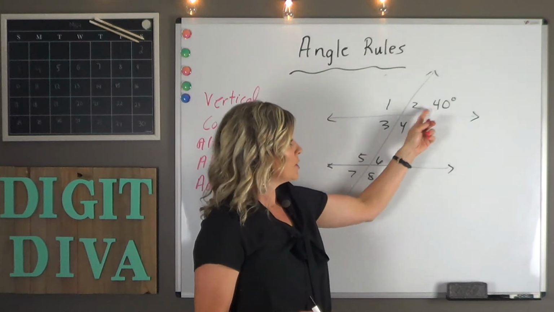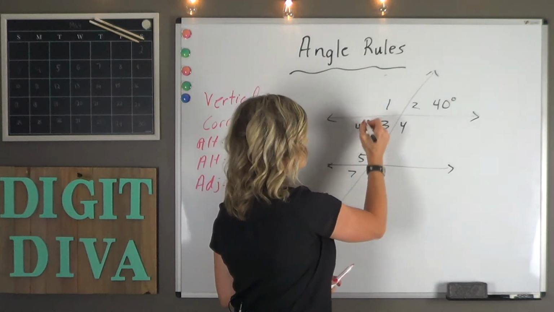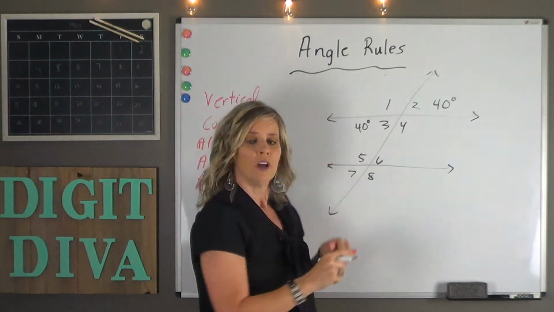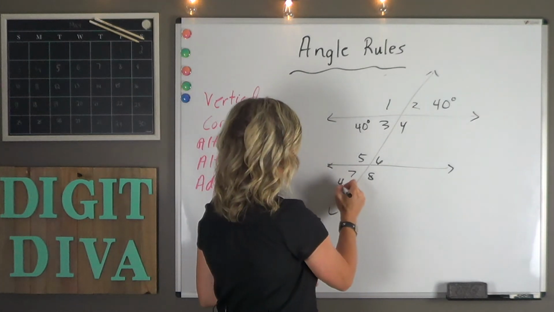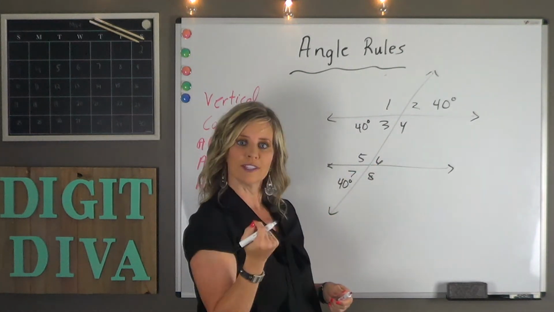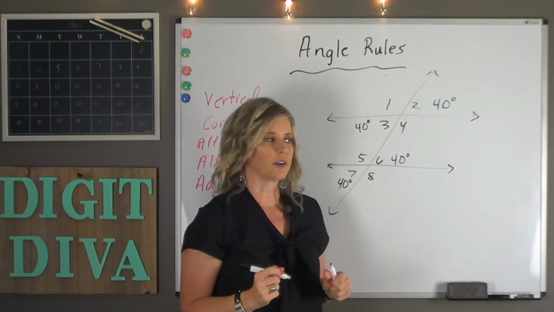Well, I know that 2 and 3 are vertical angles, so 3 must be 40 degrees. Well, I know that 3 and 7 are corresponding angles. They're both underneath the parallel lines. So 7 is 40. Then I look across from 7 and there's 6. They're vertical angles. So 6 is 40 degrees.